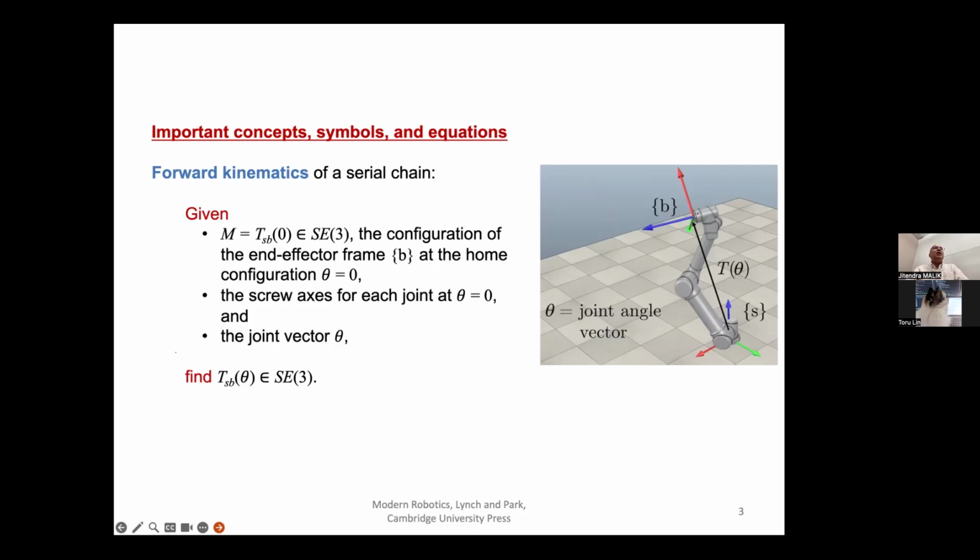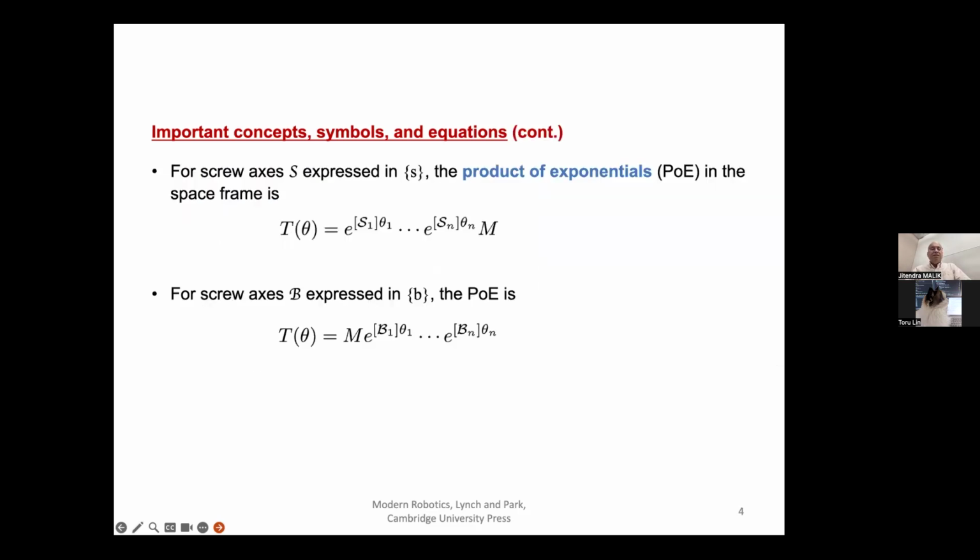With this, we can calculate the configuration at, for example, the end effector. The solution was a series of exponentials of screws that we compose together, and that's how we get the final configuration.